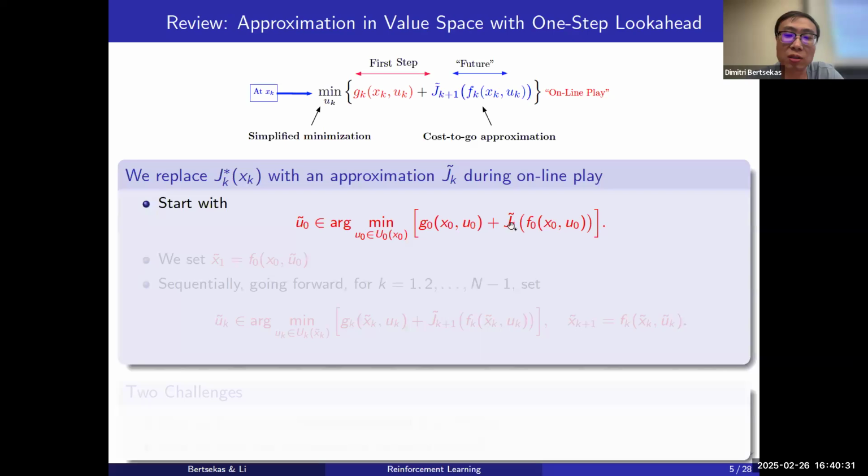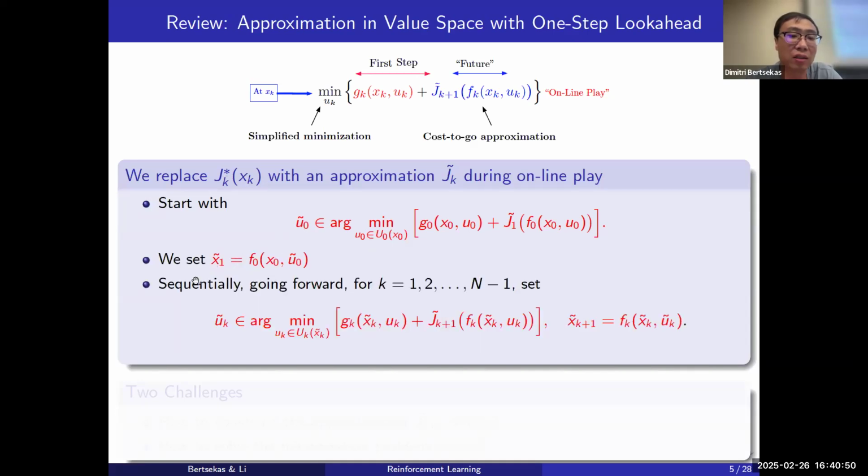And suppose that J1 tilde in shape is somewhat similar to J star, then we hope that this u0 tilde can be suboptimal. And after computing u0 tilde, that brings us to x1 tilde. And sequentially, we go forward and compute u_k tilde by similar formulas and get to the next stage and so on.